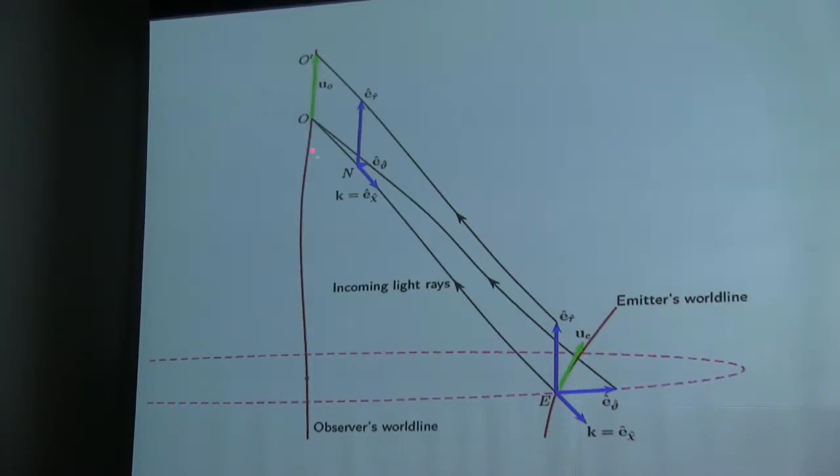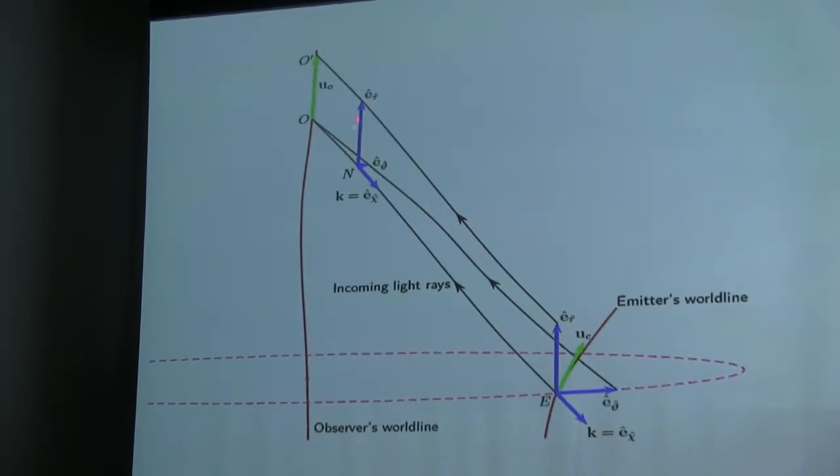But what we actually do is, in the vicinity of the observer, we set up this orthonormal basis, this past null basis, which includes a vector back down the past null cone, an angular vector, and of course we can't plot theta and phi on this diagram, and then a time vector. So this would be observation at a later time up here.